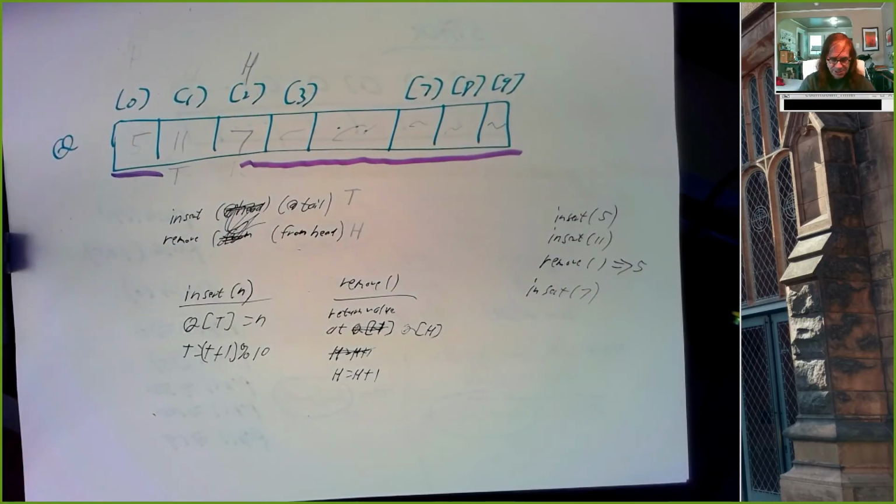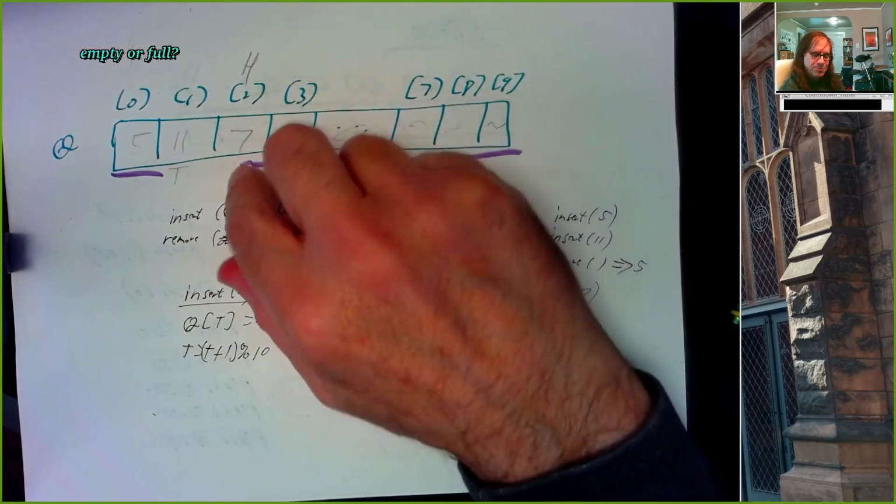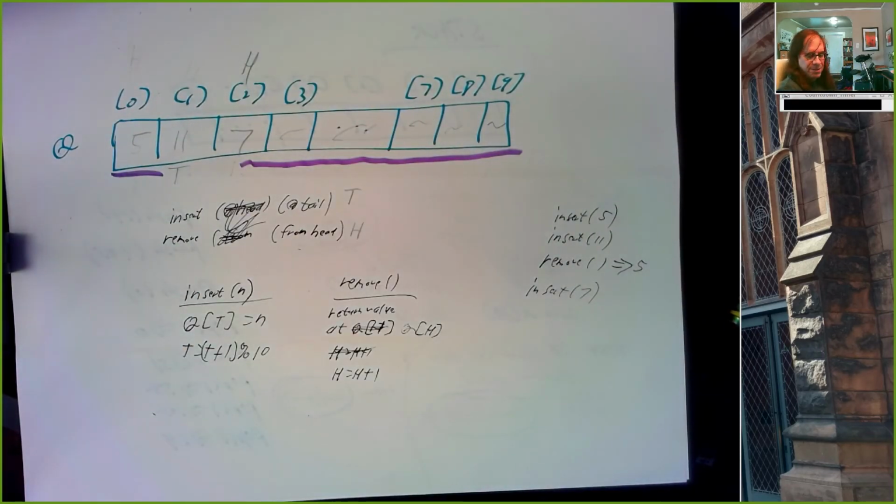All right, so there's one detail here. If our queue is full, in that case, the head and tail would be equal to each other. But if our queue is completely empty, the head and tail are also equal to each other. And so to tell the difference, we would need a separate flag that says, hey, your queue is full.